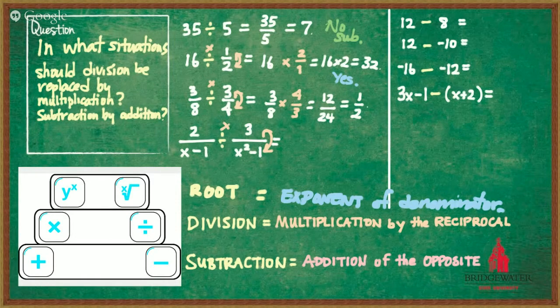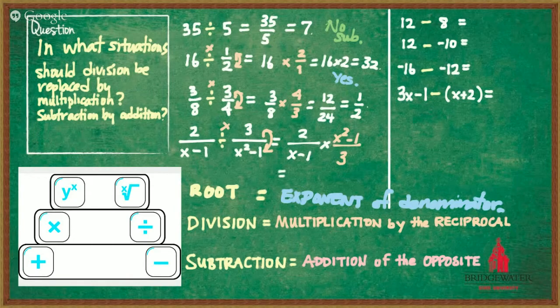And so what I really have is 2 over x minus 1 times x squared minus 1 over 3. And then to multiply, we'll just multiply straight across.